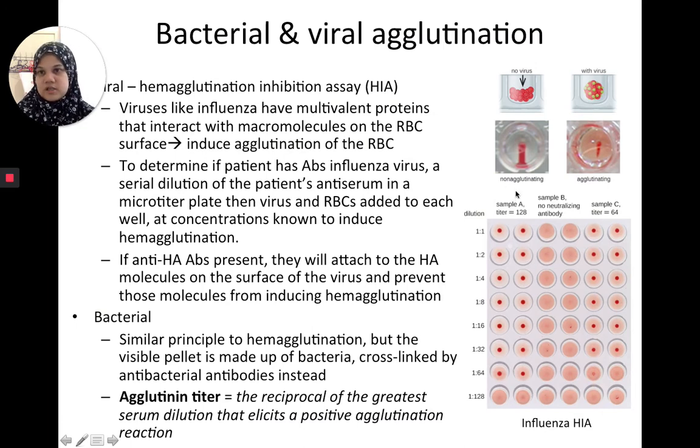So the titer is actually 128. Whereas for sample C, you can see that it starts forming around dilution 1 to 64. So the agglutinin titer is 64, so the reciprocal of the dilution. And in this case, sample B, there is no neutralizing antibody, so all of the RBCs are agglutinated or hemagglutinated by the virus.